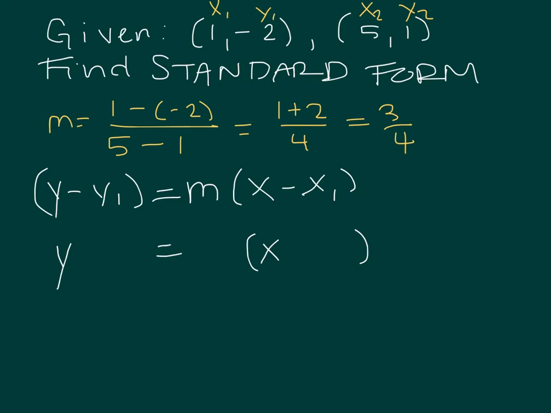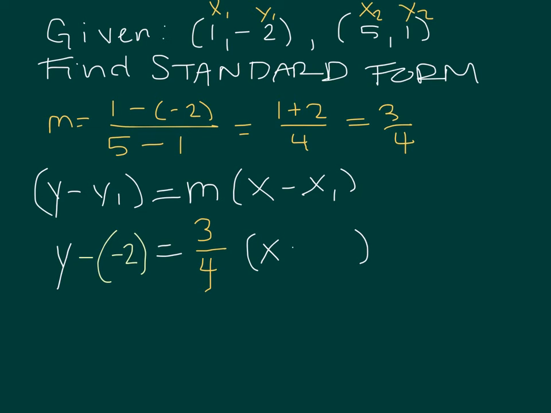Then I'm going to plug in my slope. I know it's 3/4. And then I'm going to use the values that match within this coordinate point. So the y value is -2, so I'm going to say minus a -2.